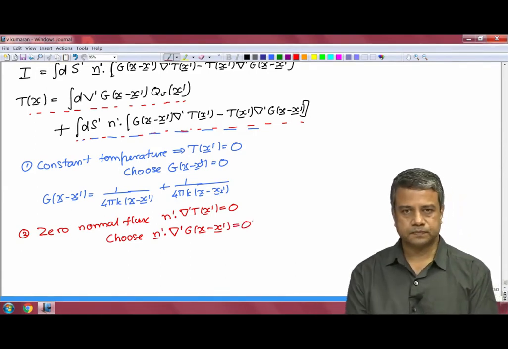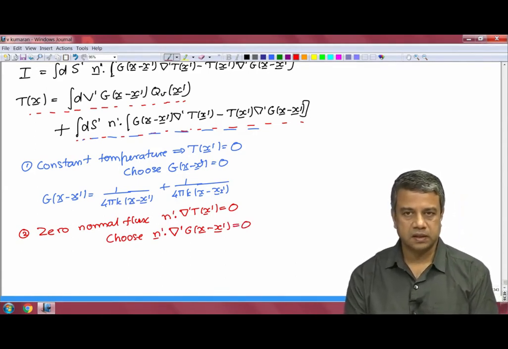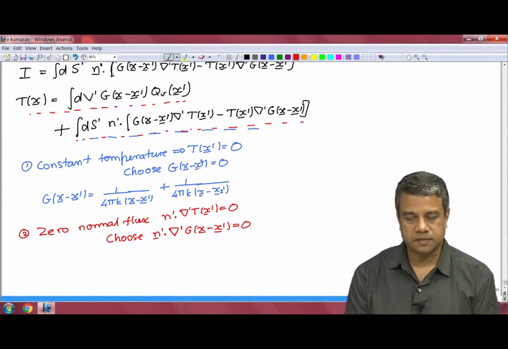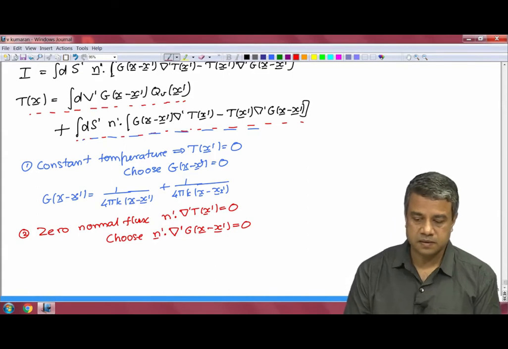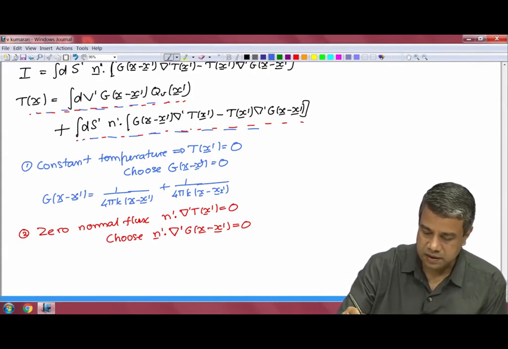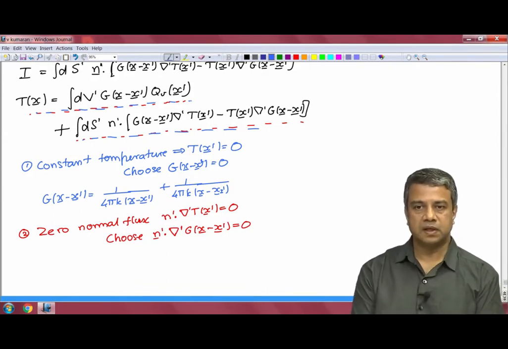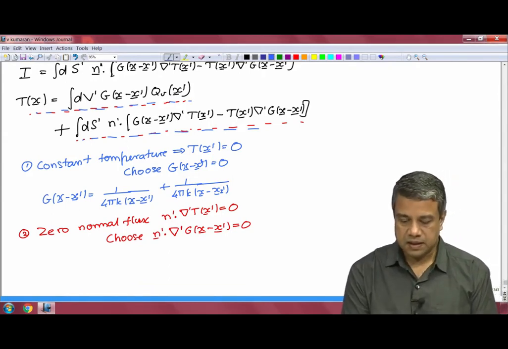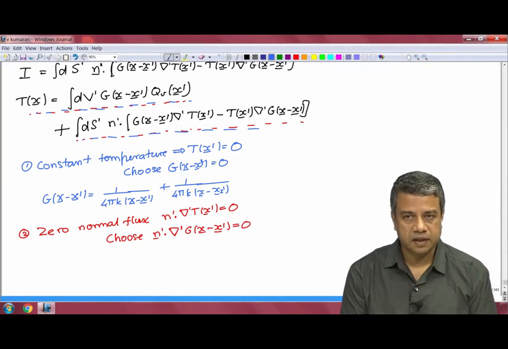And if you do that, the entire surface integral becomes equal to 0. That particular Green's function has to be substituted into the volume integral on the right side, in order to find the temperature field. And that was what we did in the case of an insulating wall.